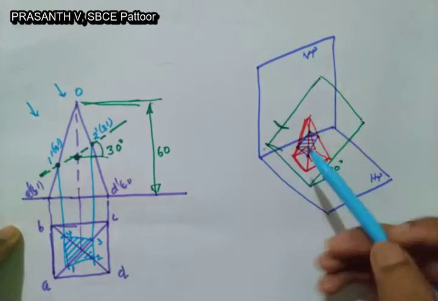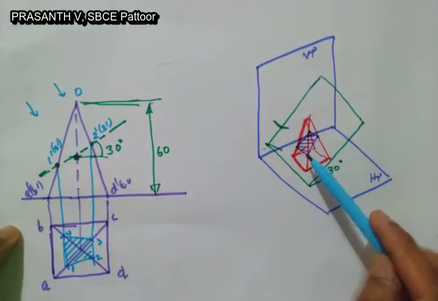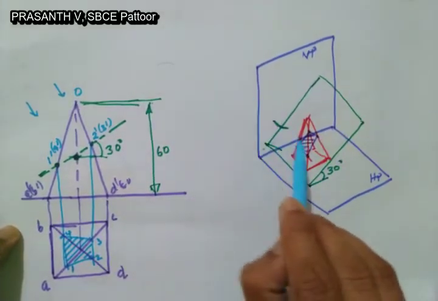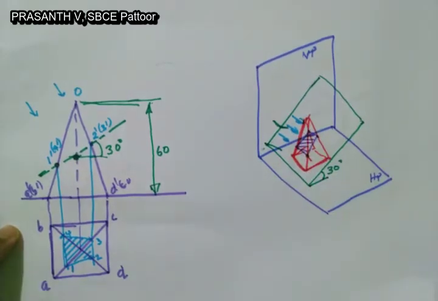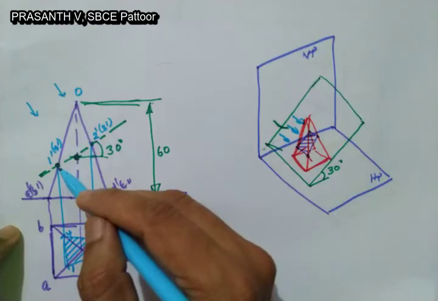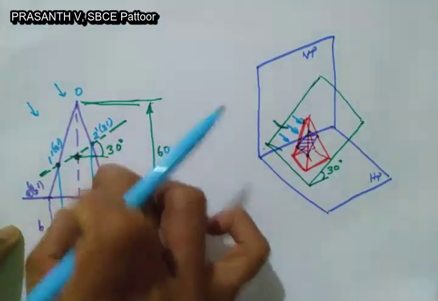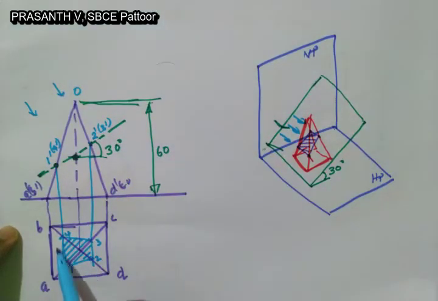Because the section plane is inclined like this, the direction of view should be perpendicular to the section plane. But while projecting, this true shape will shrink in between these projectors. So the shape obtained is not a true shape here.